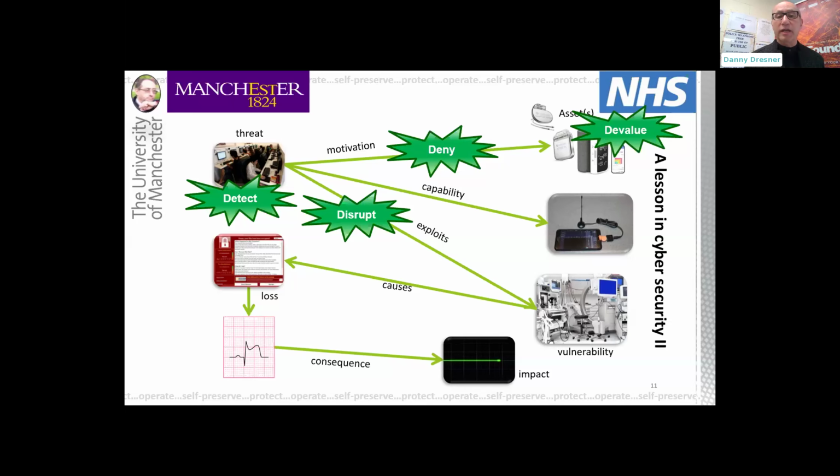One area which I think is worthy of study is looking at how we can devalue that data, to reduce the motivation for our opponents and adversaries to go after it in the first place, and to be able to counter the devices and the hardware and software that they use.